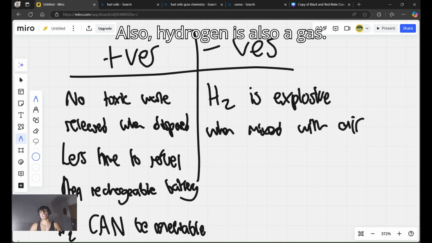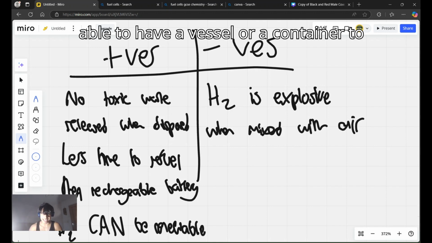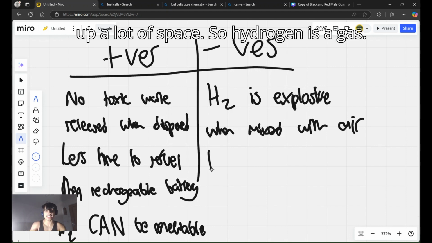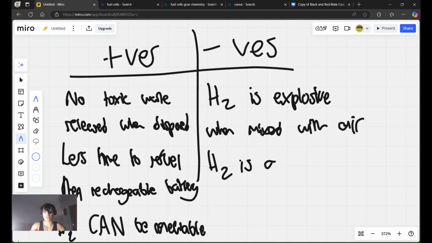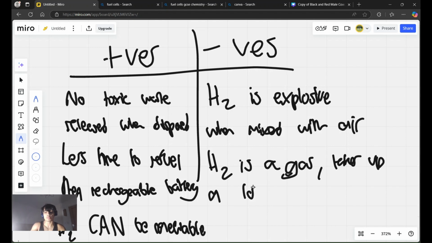Also, hydrogen is a gas. That means that you're going to need a vessel or a container to store the hydrogen. This is going to take up a lot of space. So hydrogen is a gas, takes up a lot of volume.